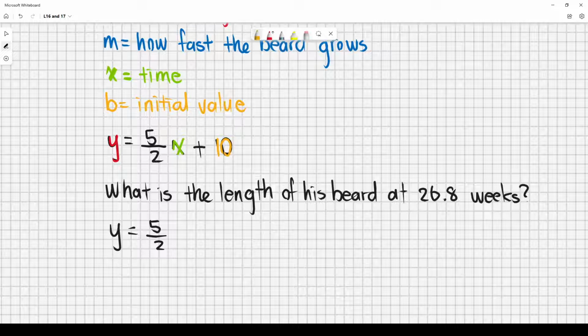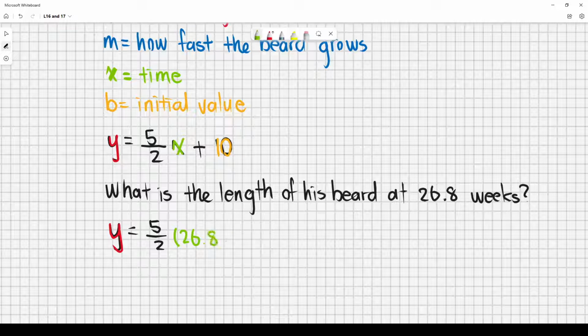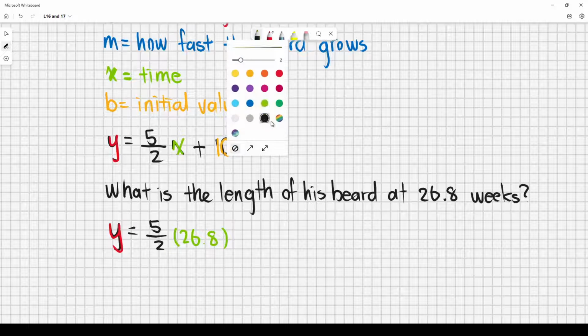Okay, so the length of his beard, again, 5/2 times 26.8 weeks. And then we just got to add the 10. The 10 is the constant. It doesn't change.